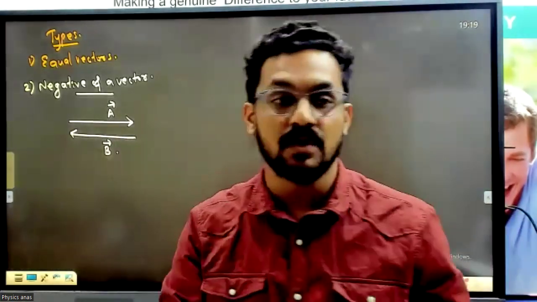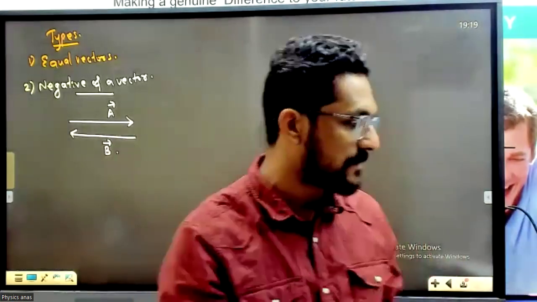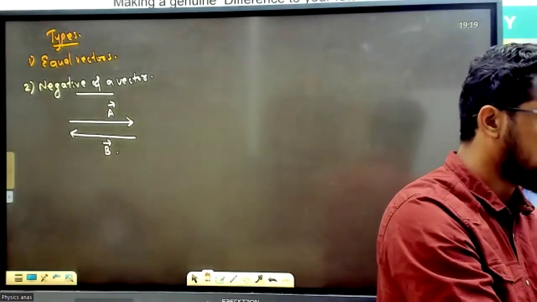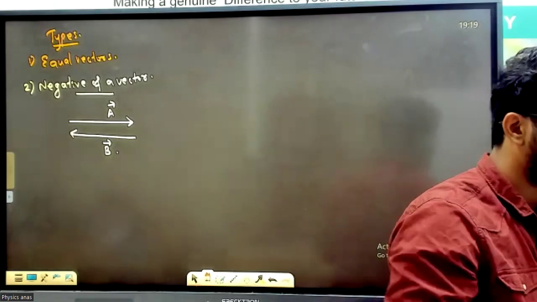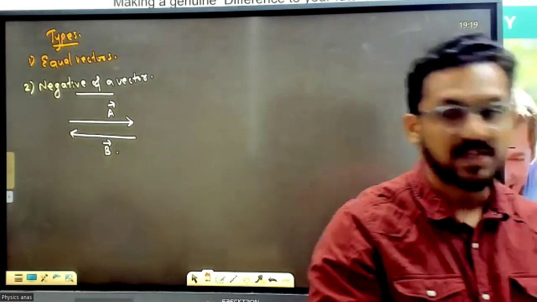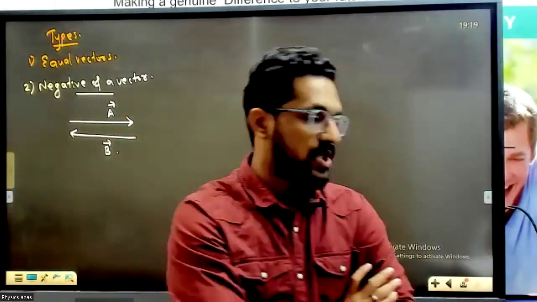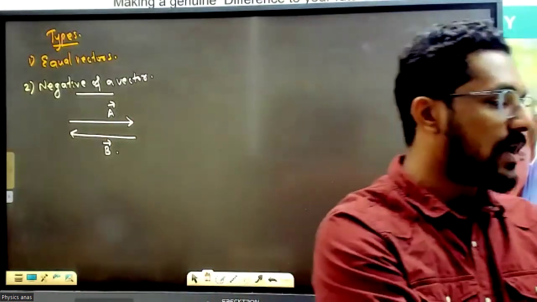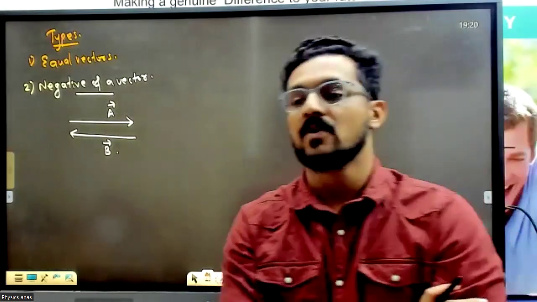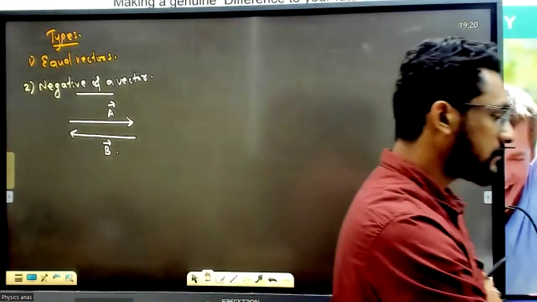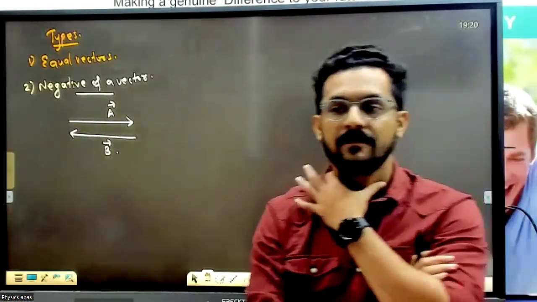Another vector having equal magnitude but opposite direction. Just write it.